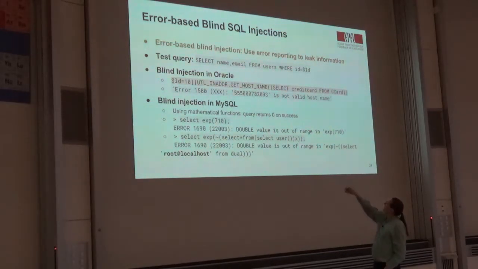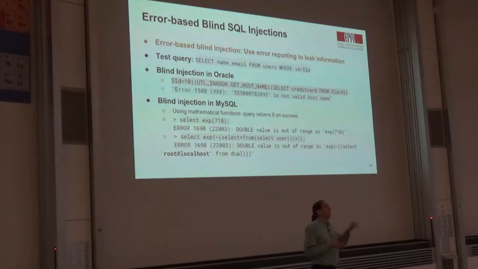And so the attacker basically gets a message back from the web server saying, that 16-digit number is not a valid host name, and the attacker goes, yes, I know it's not a valid host name, but it's exactly what I wanted, right? So yeah, and there have been variants on this kind of attack.